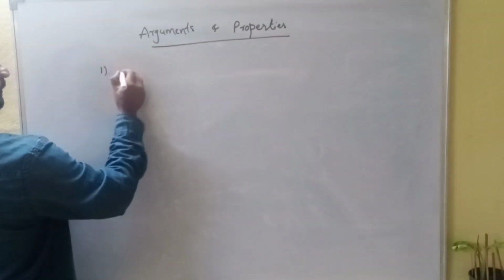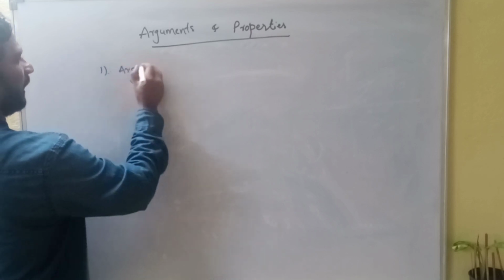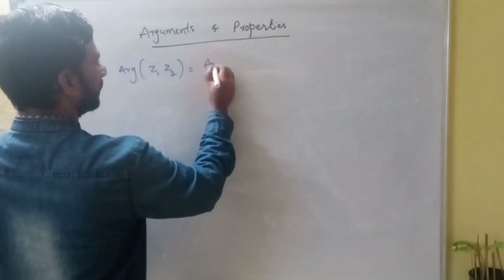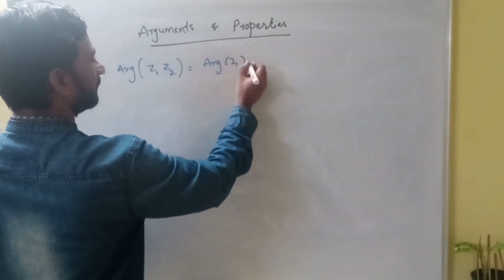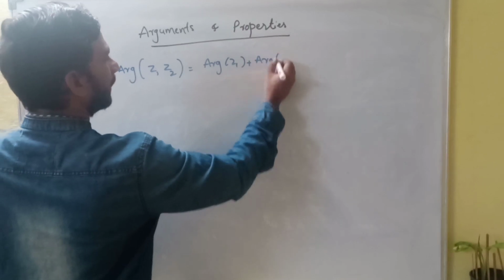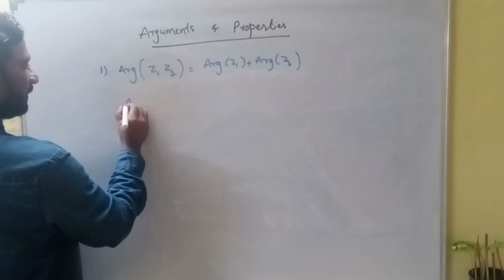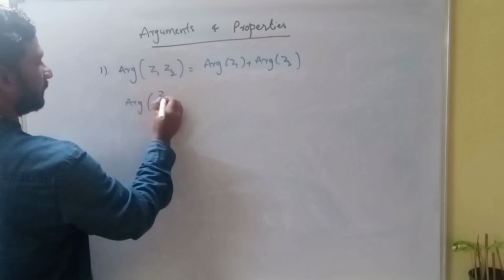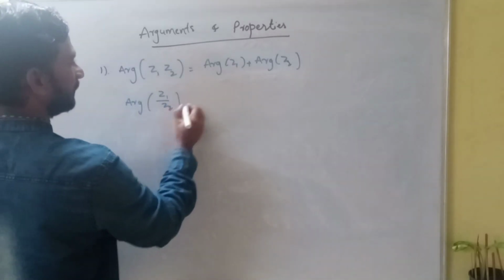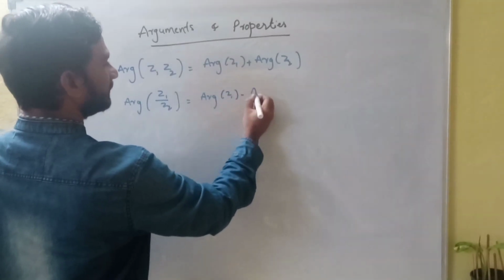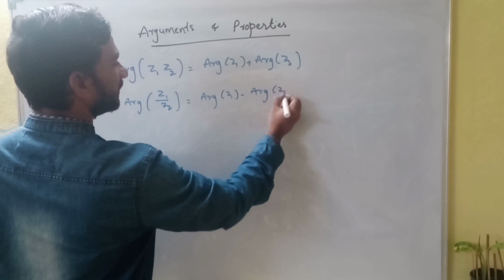Again, now argument of z1 into z2 is equal to argument of z1 plus argument of z2, and argument of z1 by z2 is equal to argument of z1 minus argument of z2.